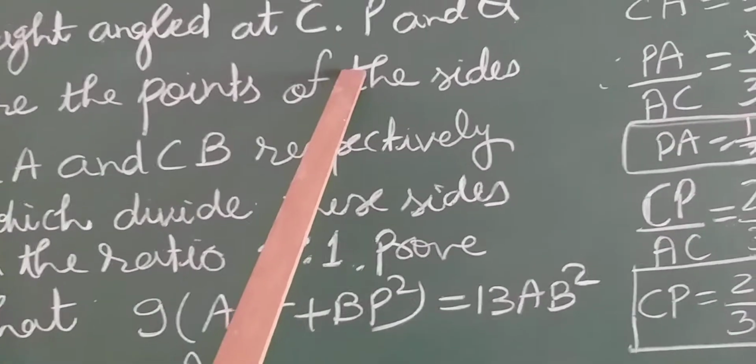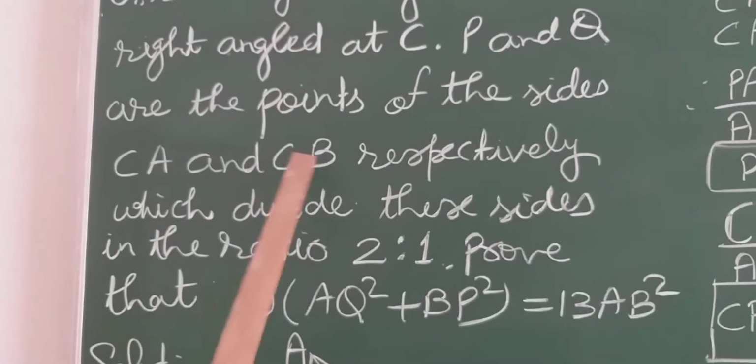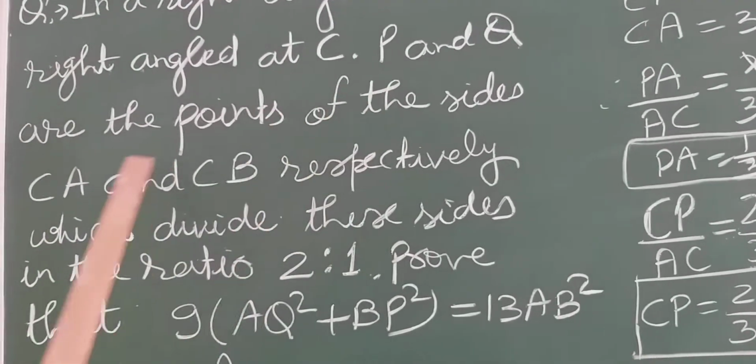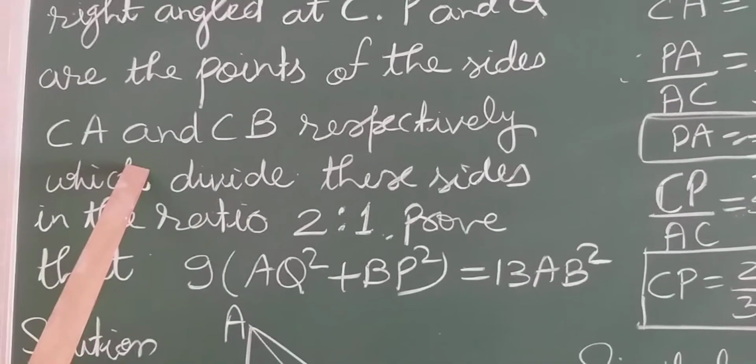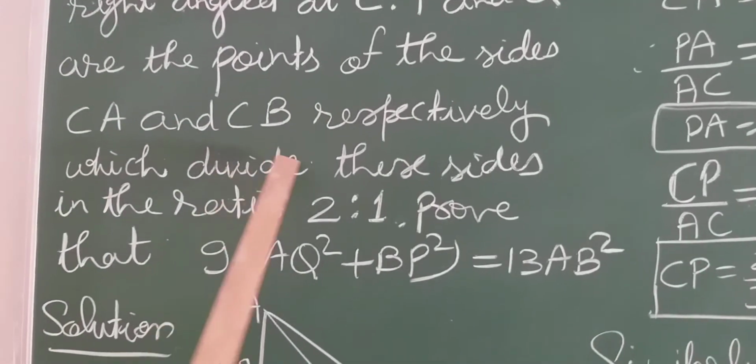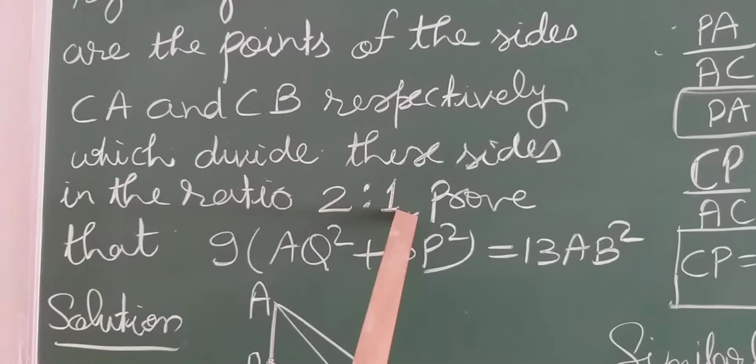Now students, P and Q are the points on sides CA and CB. So point P lies on CA, and point Q lies on CB, and the ratio is given 2:1.